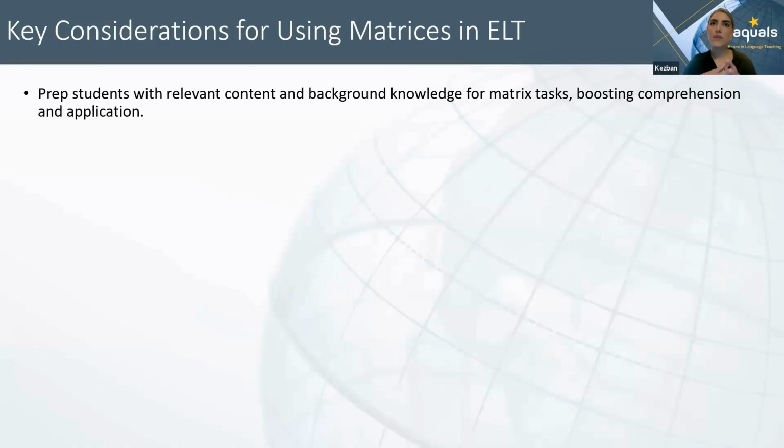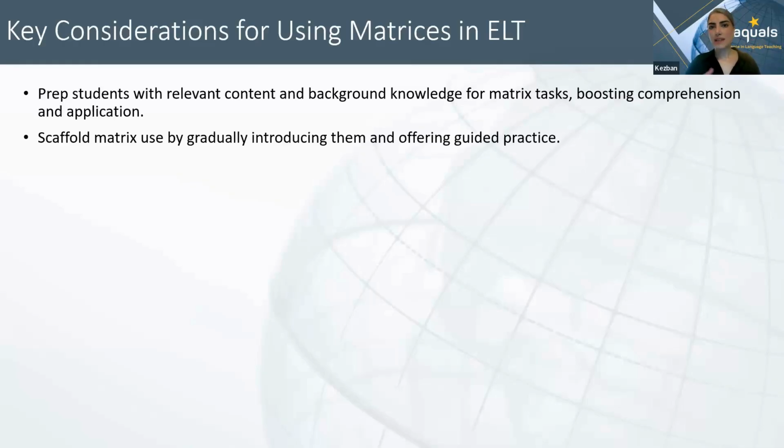Although I provided them with a reading in the first place, where they got familiar with individual actions, governmental actions, and organizational actions in terms of environmental protection, still, in the feedback, they said we didn't have enough knowledge to go beyond, to think about alternatives. So providing content and background knowledge would be helpful in getting them to complete the tasks and think more critically about resources at hand, for example.